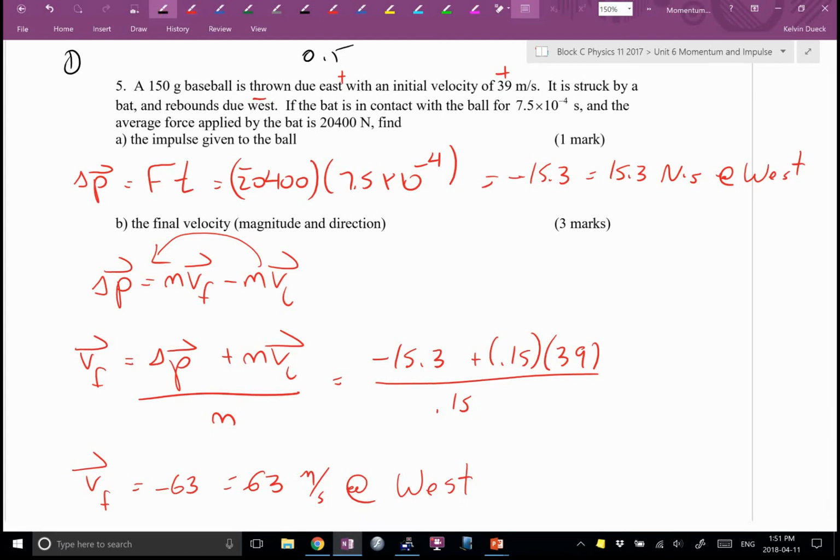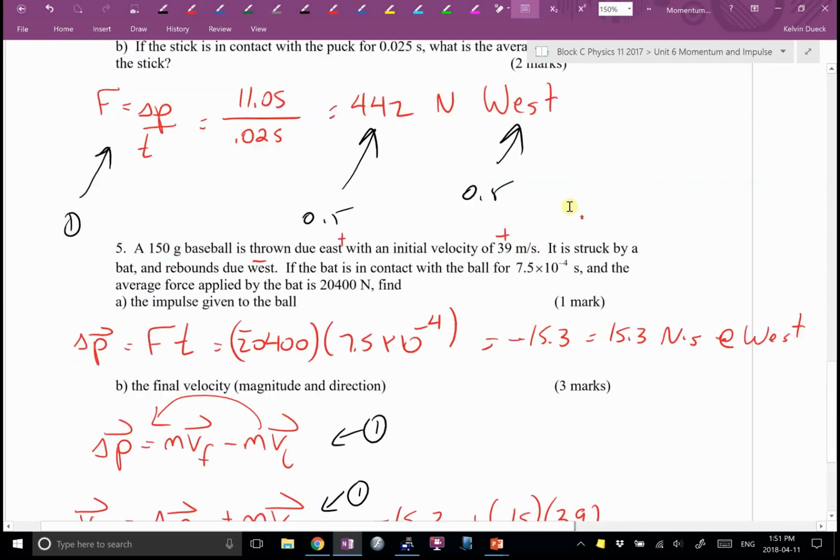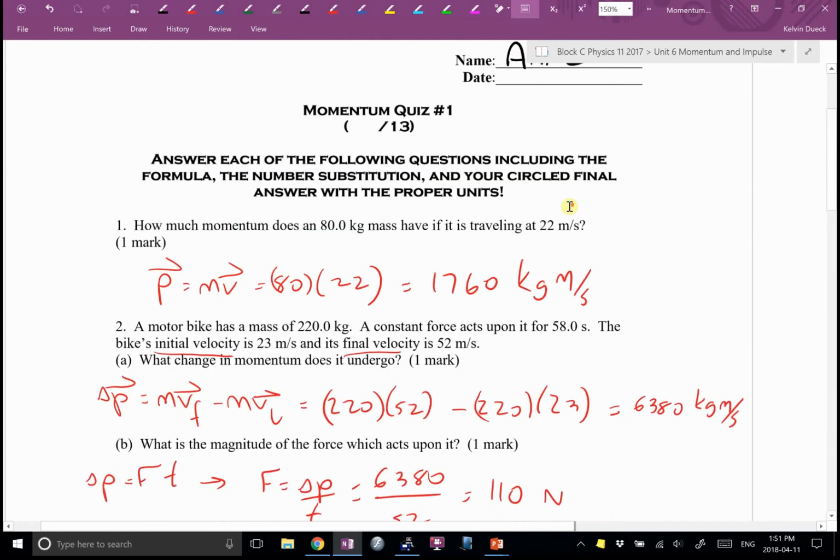Yeah, I would probably give you 1 whole mark if I saw that. I would give you a half mark for the magnitude and a half mark for the direction. And can you give yourself a lovely score out of 13?